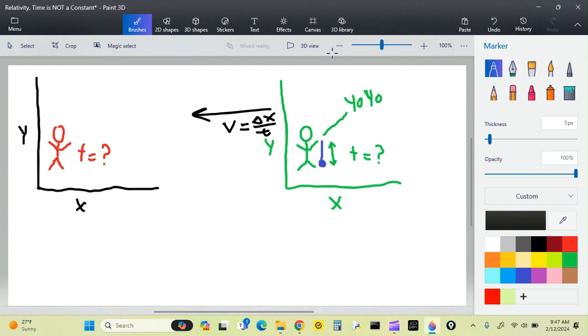In other words, let's think of it as meters per second, if that helps you think about that a little bit better. And as far as this x is concerned, the x is not changing because he doesn't think he's going anywhere. The asteroid, he doesn't feel any motion or anything like that. So how do we express what we see as the green x in terms of what the stationary person sees?